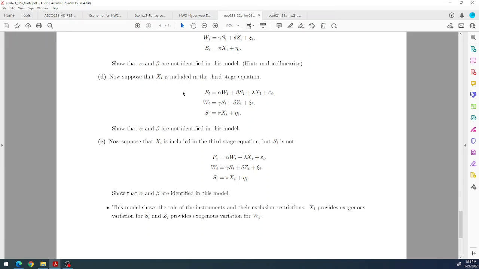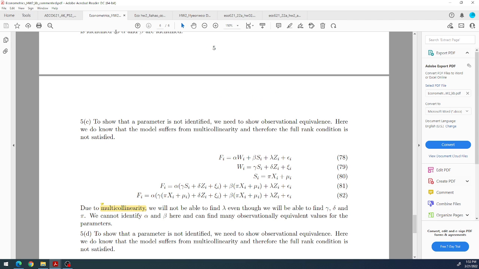So answering the correct answer is not the goal of this homework. You have to argue why it is wrong, why it is correct. But I don't see why it is multicollinear. So you don't need to show this many equations. They are useless. The key point is this.